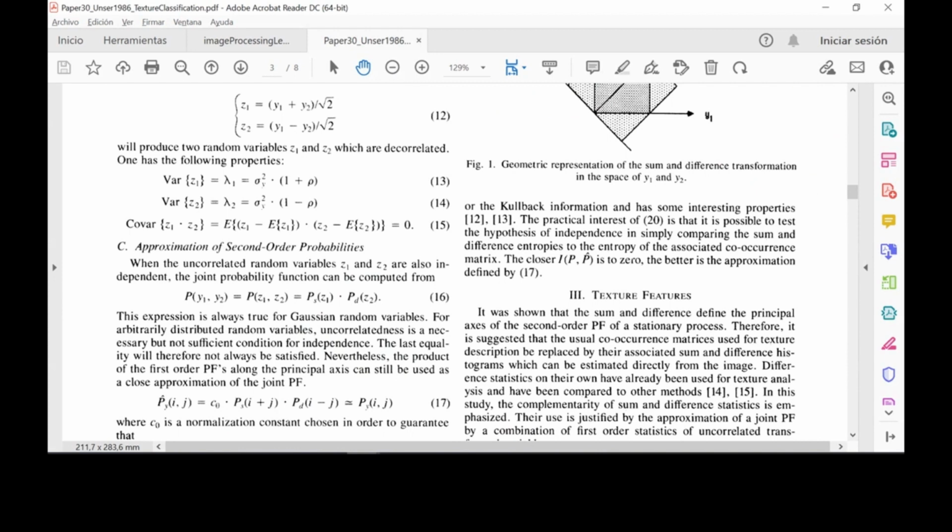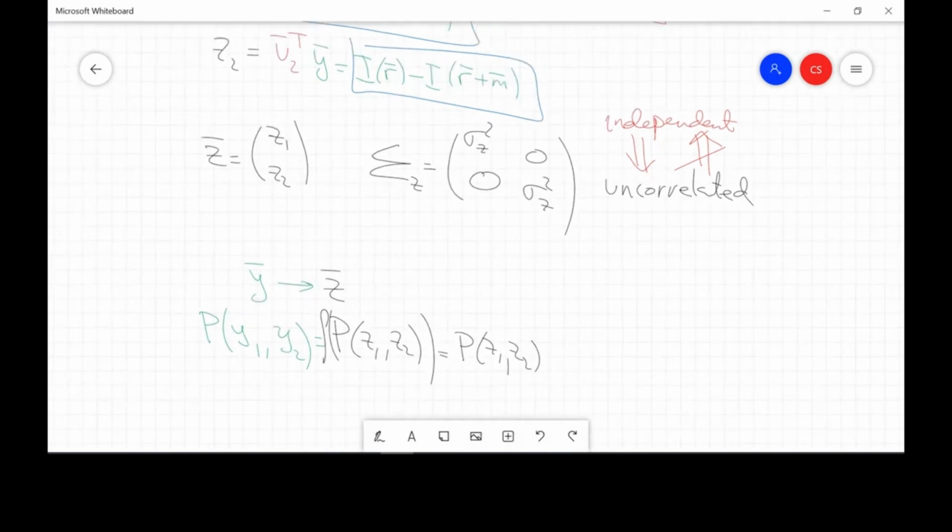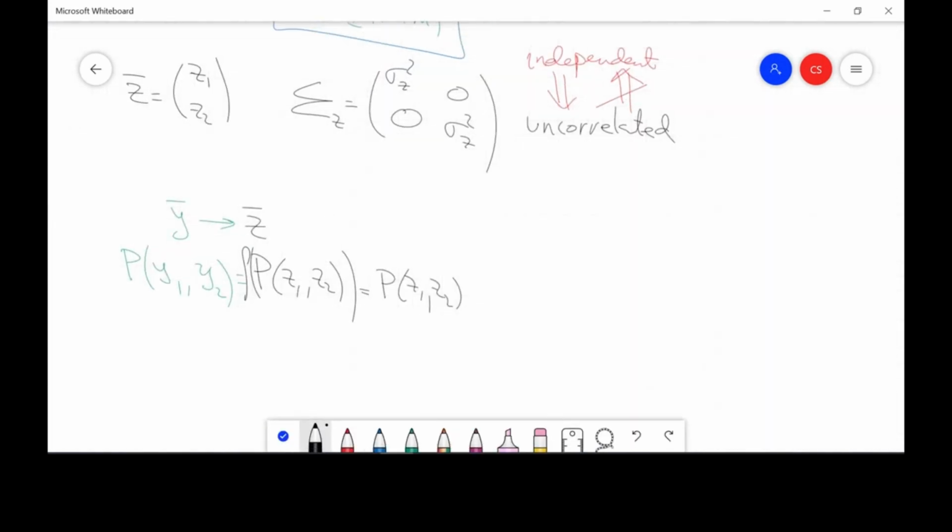But now, set 1 and set 2, they are uncorrelated. So they are actually this function in general. So in general that is true, but in this particular case, if you make the change of variables, they are the same. And again, this is true if set 1 and set 2 are independent.